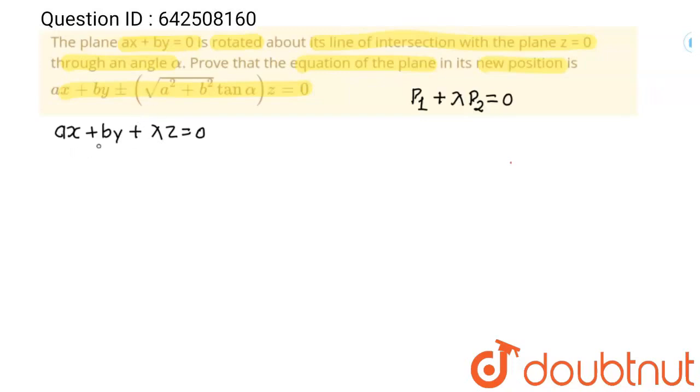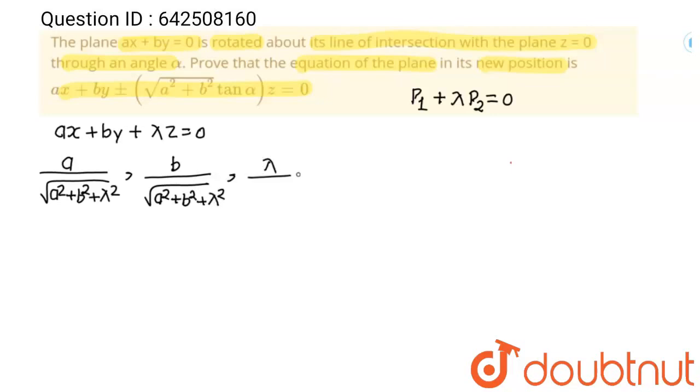I am going to find the direction cosines of the normals of both planes. The direction cosines of the normal to this plane will be a upon root under a square plus b square plus lambda square, b upon root under a square plus b square plus lambda square, and lambda upon root under a square plus b square plus lambda square.